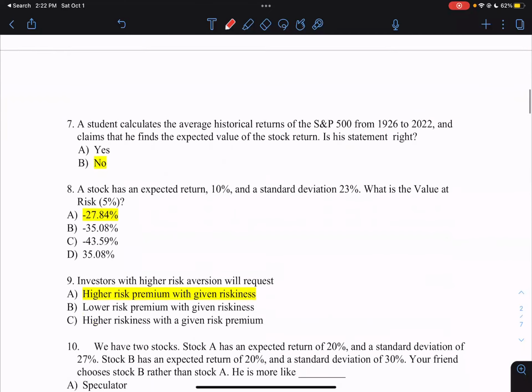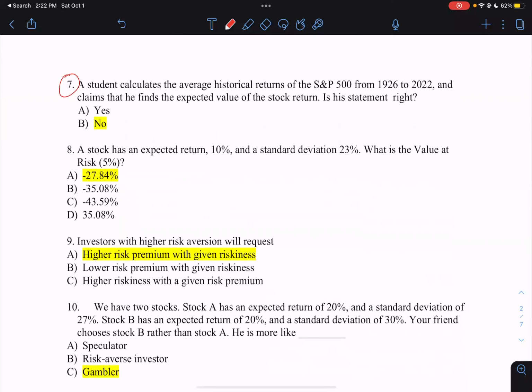This is something that I want to cover. It's very, very straightforward, I think. It's just a yes or no. I asked if someone calculates the average historical return and claims that he finds the expected value of stock return, is his statement true, right or wrong?